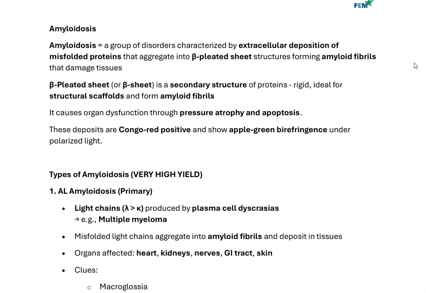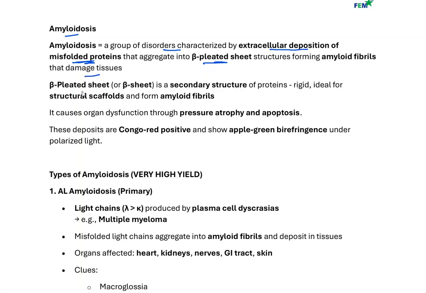So in today's lecture, we're going to be covering amyloidosis. So what's amyloidosis? Amyloidosis is a group of disorders characterized by extracellular deposition of misfolded proteins. These misfolded proteins aggregate into what we call beta-pleated sheet structures, forming amyloid fibrils that damage the tissue.